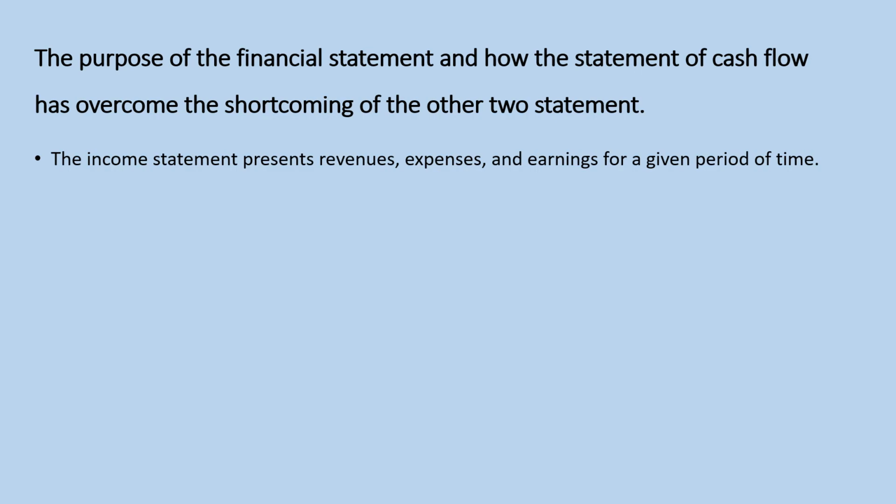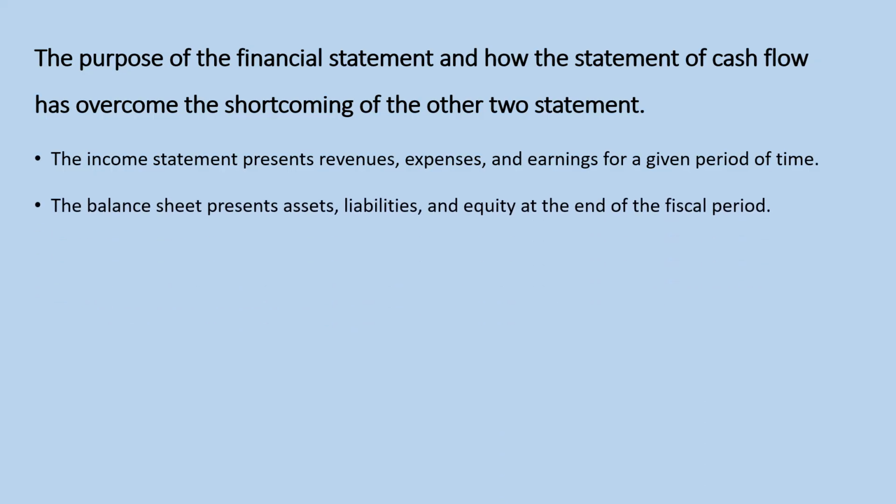It shows the performance of the company over a given period. Whereas the statement of financial position represents the assets, liabilities and equity at the end of the fiscal period. It's just like a snapshot. So it takes the position of the company at a particular date.